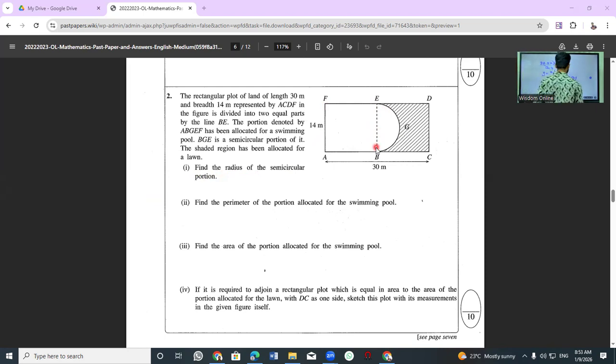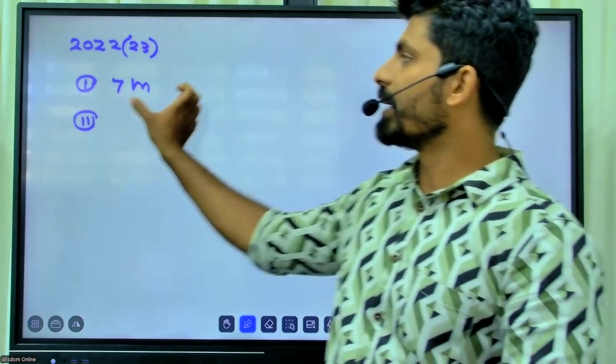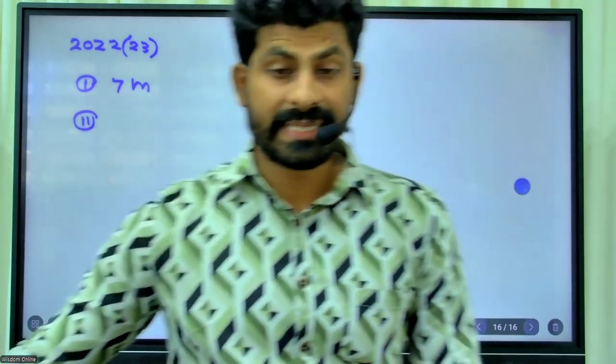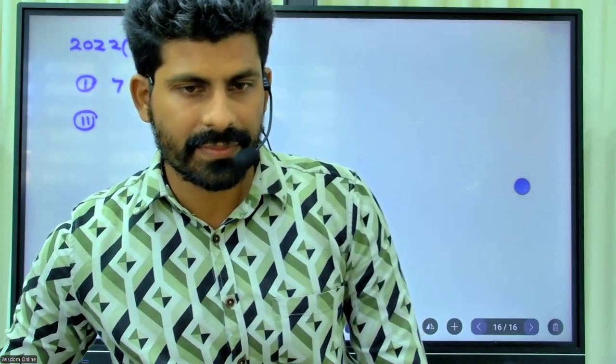What is the radius? 7 meters. What is the radius of the semicircular portion? 7 meters.